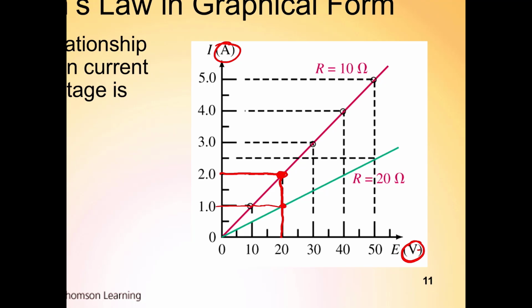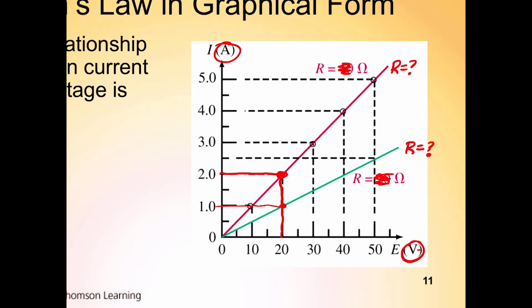Right? So if we look at that example, we can tell clearly that we have less resistance when we have more current. So let's say I was to just remove this, and I was to say, what is the value of R for this one, and what is the value of R for this one?